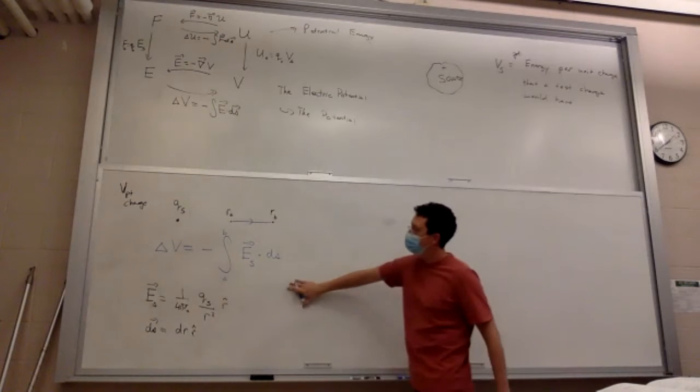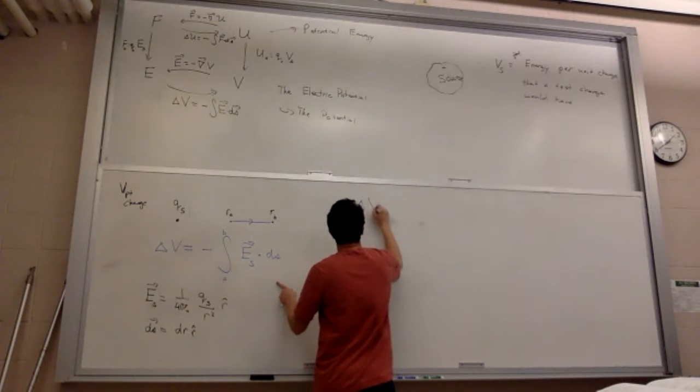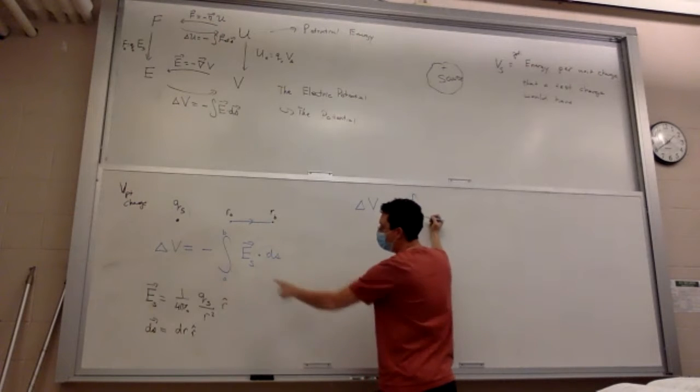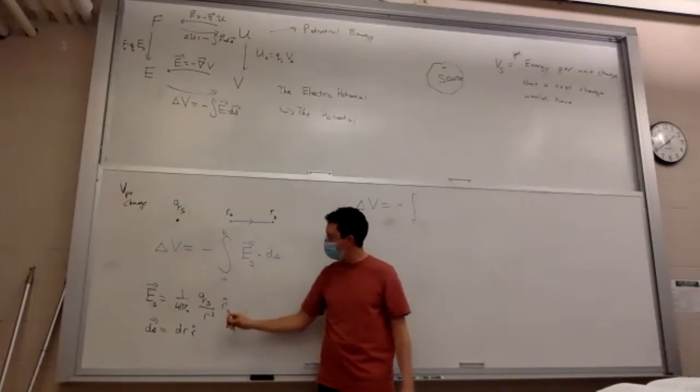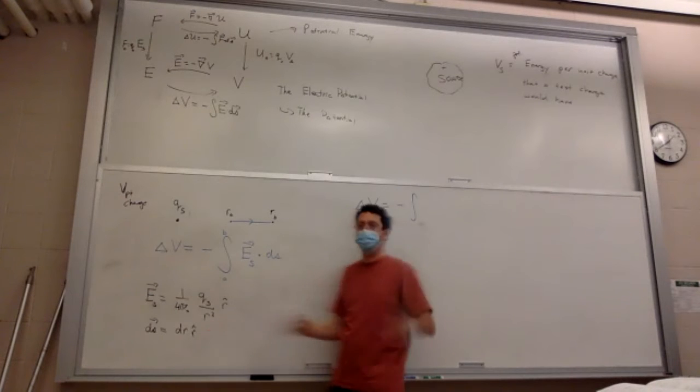All right. So when I put this together, I get delta V equals minus the integral. I just put it all in there. When I take the dot product, though, what happens with r hat dot r hat? One. It's just one, right? It just becomes really simple.